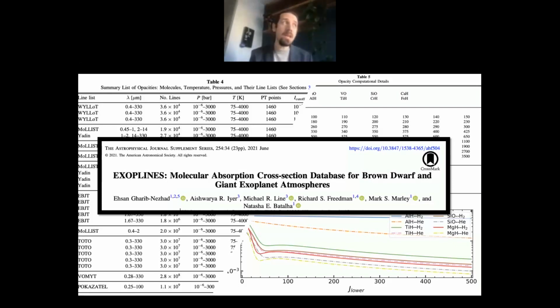You can see detailed information there, not only about what opacity and line lists we use, but also comparing opacity data from different line lists, as I showed you for TiO and others.